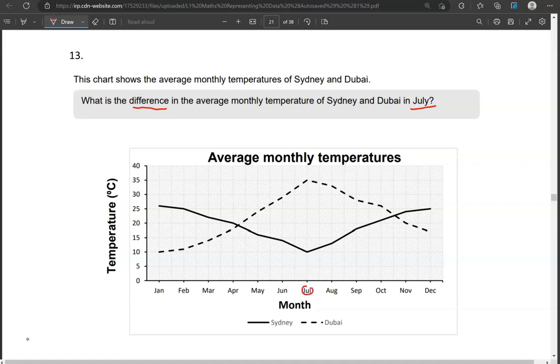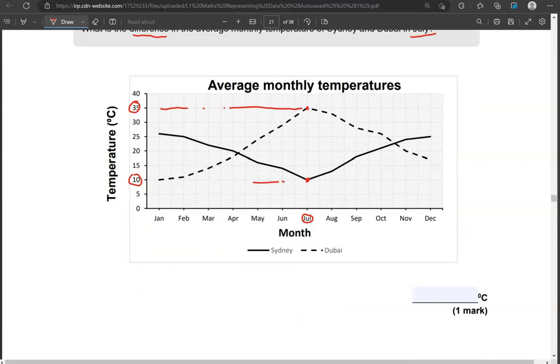There is July. So we've got 35 degrees and 10 degrees. So 35 take away 10 gives us 25 degrees.